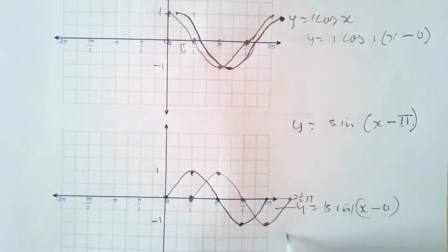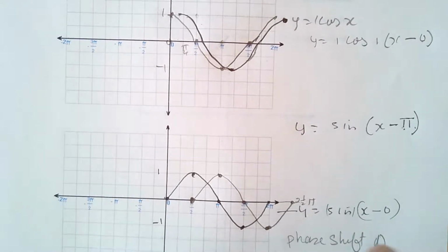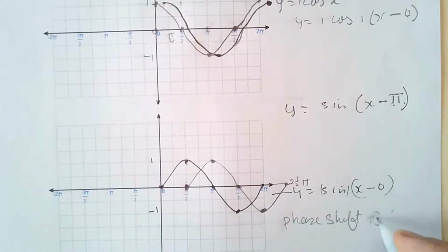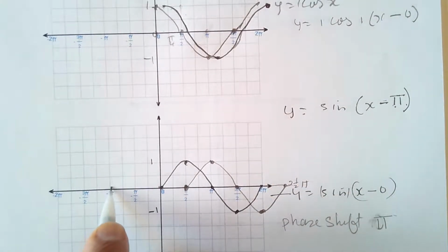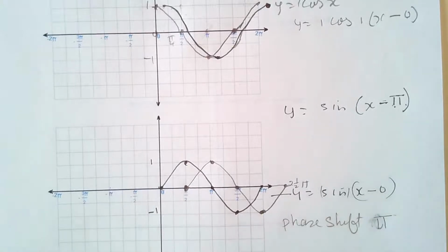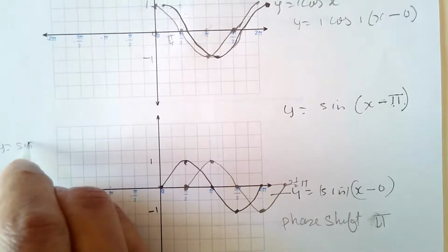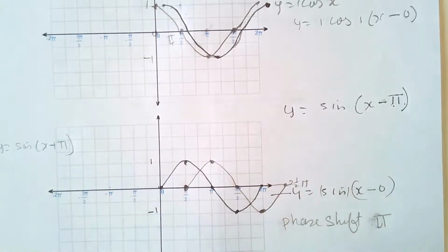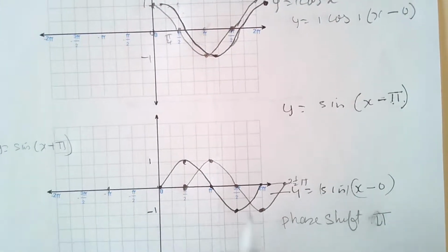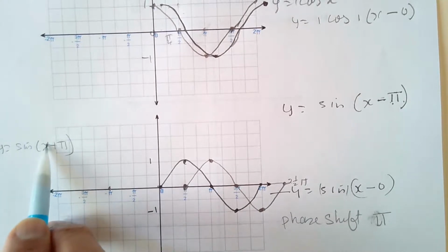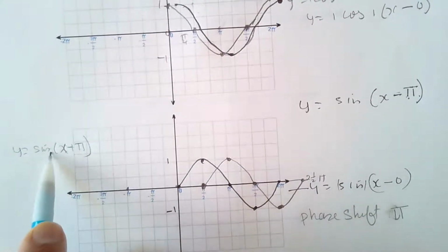We call it a phase shift, a phase shift of pi units. Now, if this was positive, then it will be starting from here instead. So here we have y is equal to sine of x plus pi. So we start from negative pi here. The period is still 2 pi, because we haven't changed the phase or the compression.